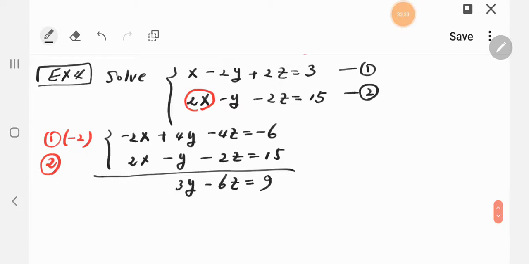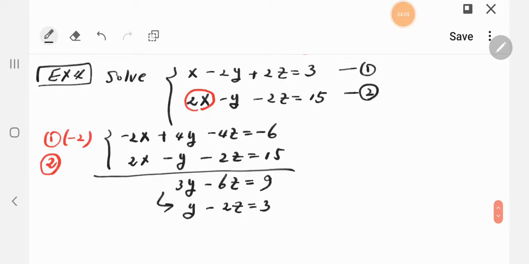And then let's simplify this. Since this equation is divisible by 3, why don't we divide everything by 3? Then y minus 2z is equal to 3.